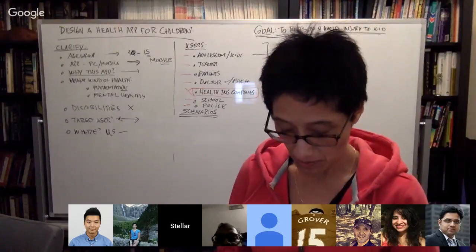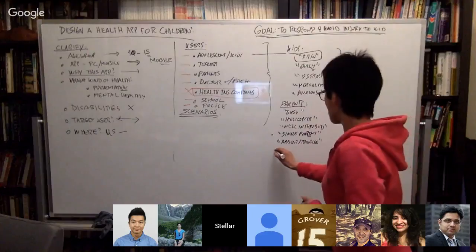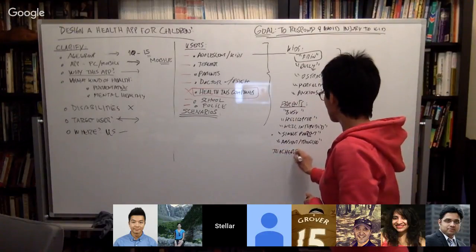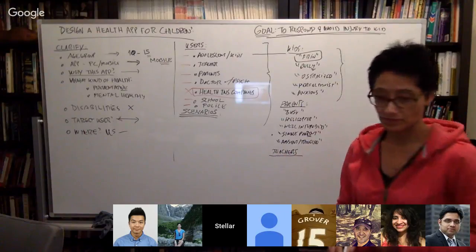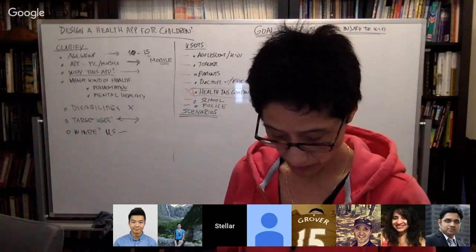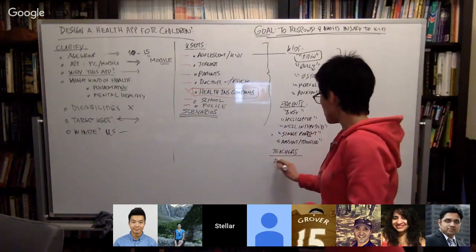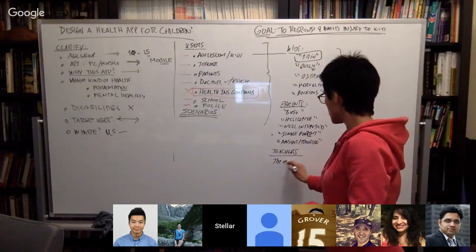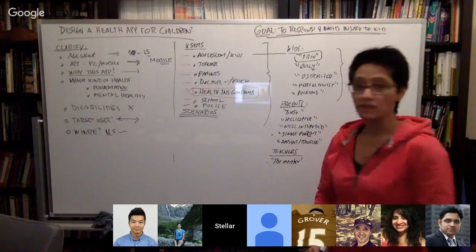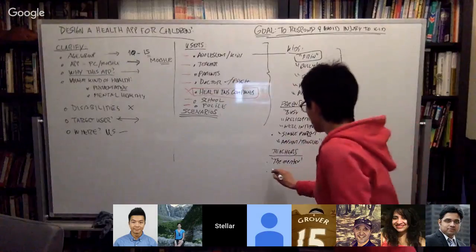All right, good stuff. How about teachers? What kinds of teachers are out there? I would start with the mentor. There are some teachers that actually like to mentor kids. What else? The newbie, new teachers who don't know how to deal with kids.